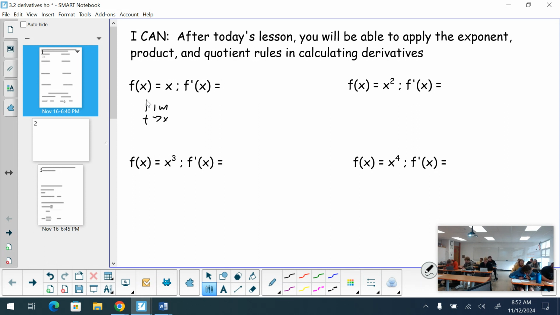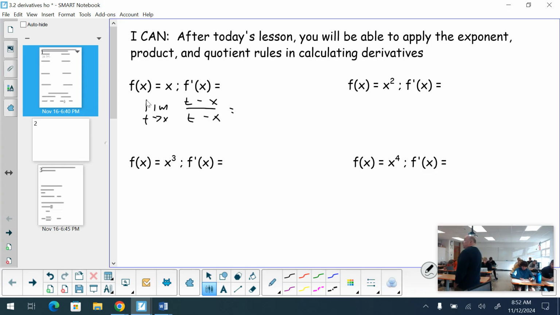So we go f of t. Well, my function of t is just t, minus f of x, which is x, over t minus x. So your limit comes down to what?